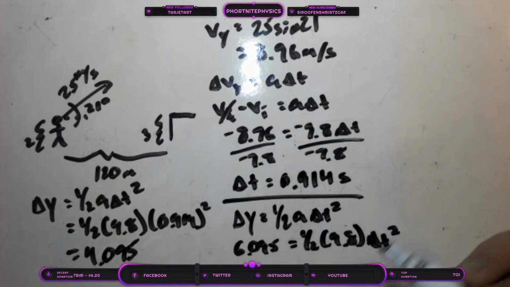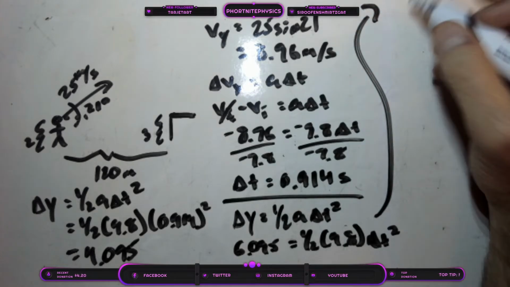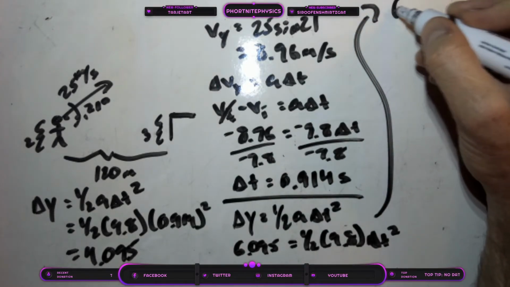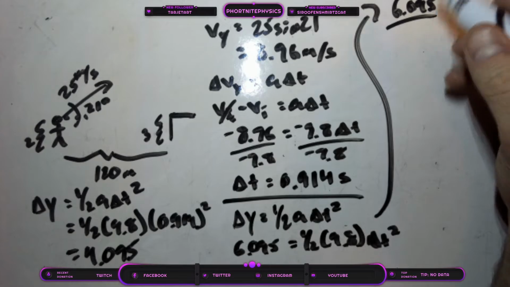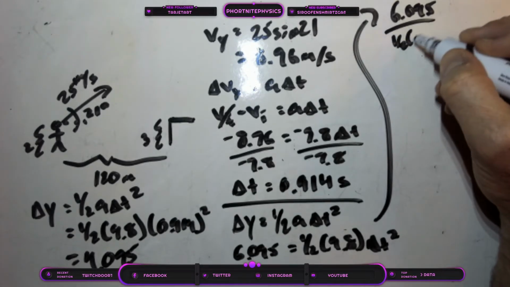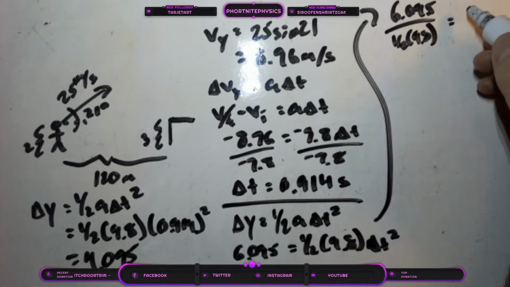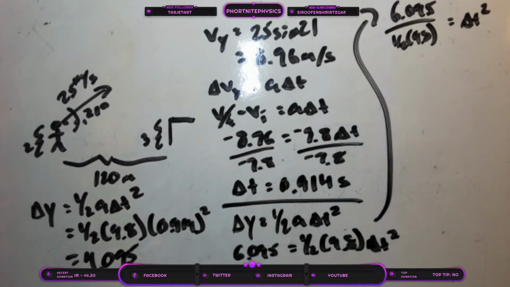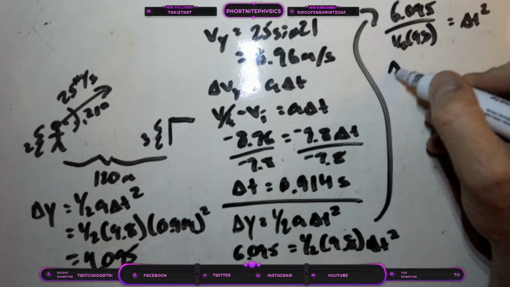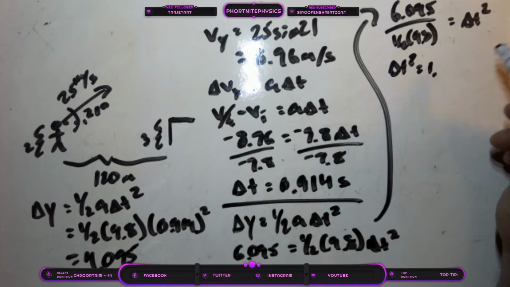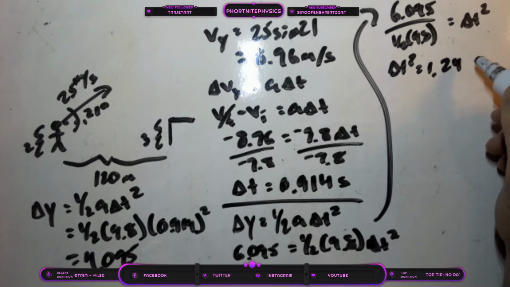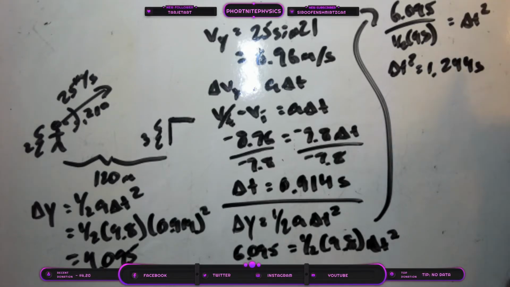Okay? And if we divide both sides by 1/2 times 9.8, it cancels out on the right side, and we're left with delta t squared. So 6.095 divided by 0.5 times 9.8 equals delta t squared of 1.244 seconds squared.